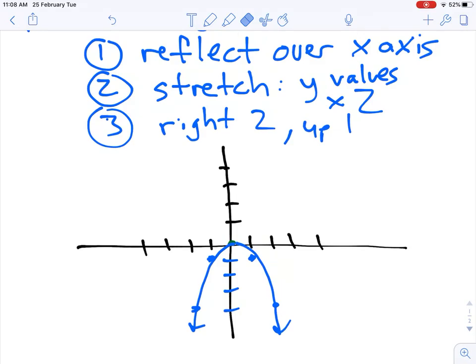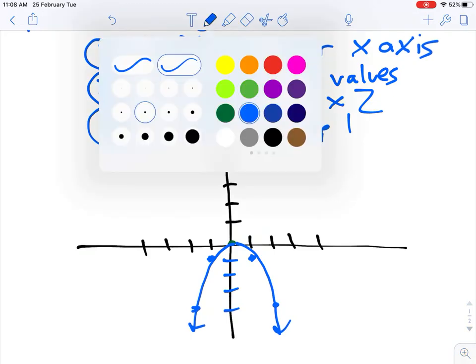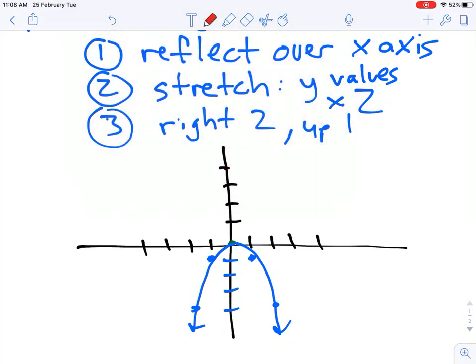And now here we're going to stretch. We're going to multiply the y values by 2. Let's use a different color, let's go to red. I'll try to do this without writing all the coordinates down. You have to look at each point. For example, 0, 0, when you multiply the y coordinate by 2, isn't going to go anywhere.